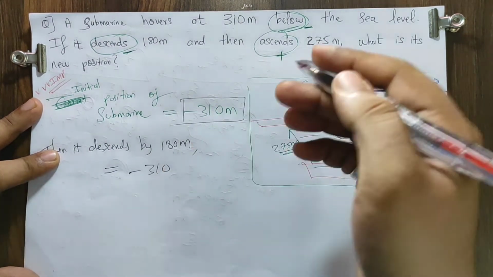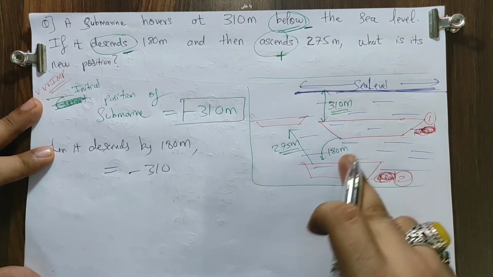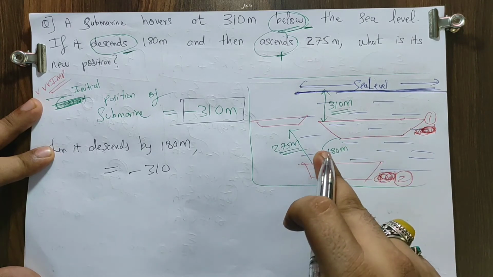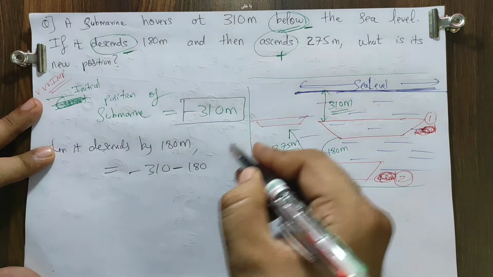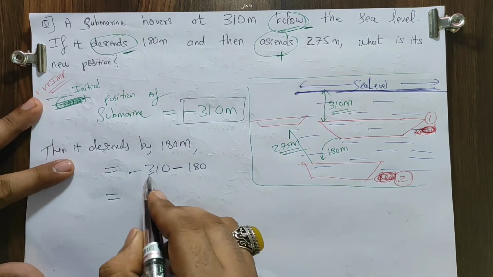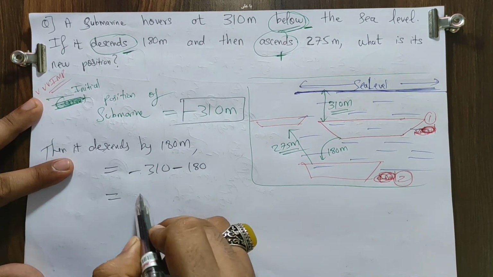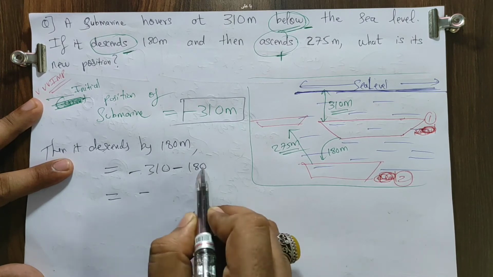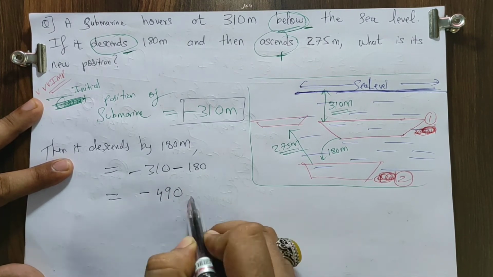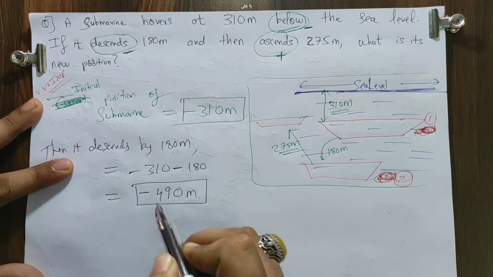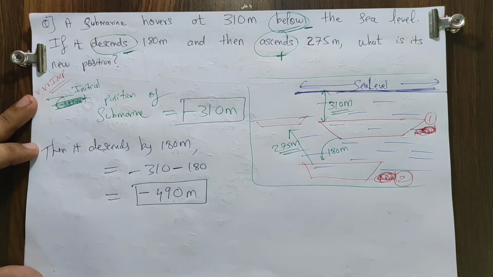Then it descends, comes more down, so its second position is going more down by 180 meter. So minus 180 because it goes more down. Okay, so minus will become plus. Sign of greater number will be minus. Minus plus. 0 plus 0 is 0. 1 plus 8 is 9, and 3 plus 1 is 4. So it's how much? Minus 490 meters. Minus 490 meters, all of you.